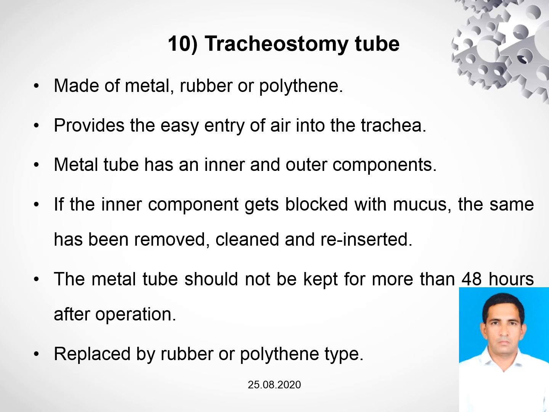If the inner component gets blocked with mucus, it can be removed, cleaned and reinserted. The metal tube should not be kept for more than 40 hours after operation, and is replaced by a rubber or polythene type.